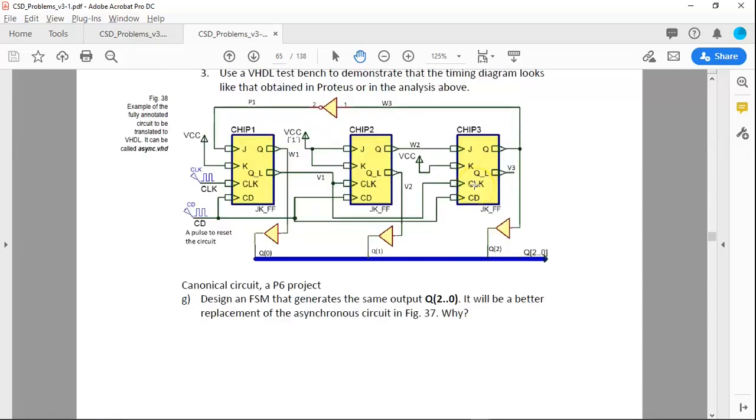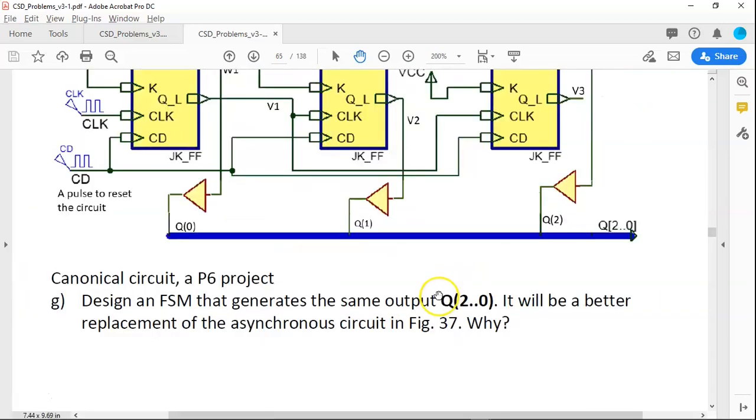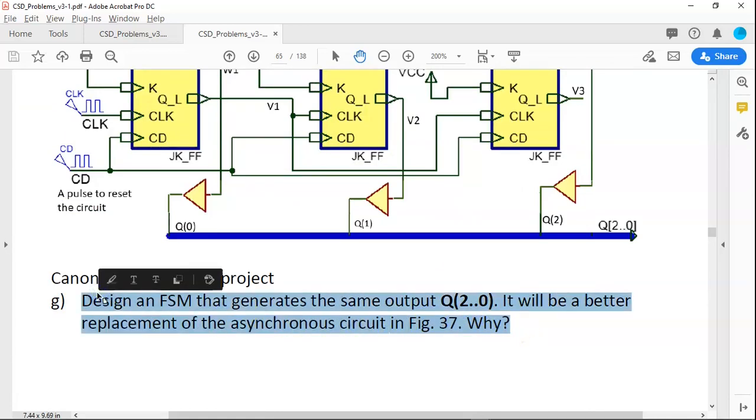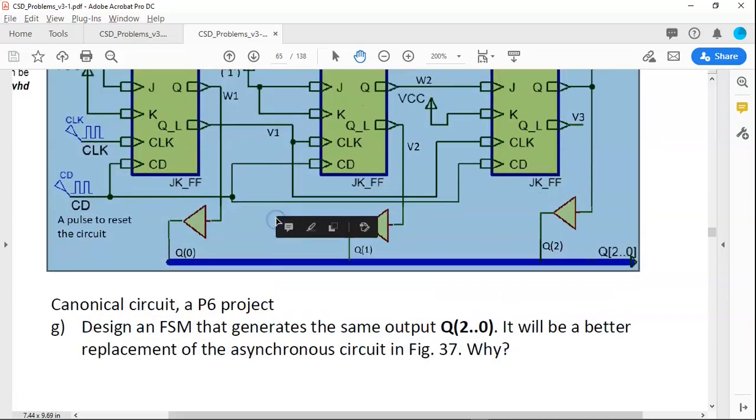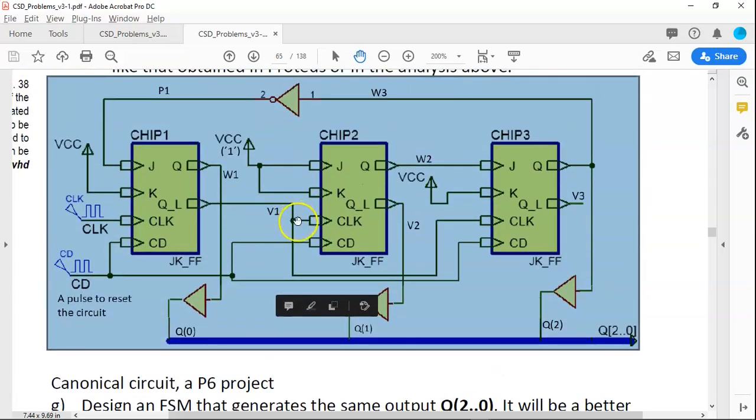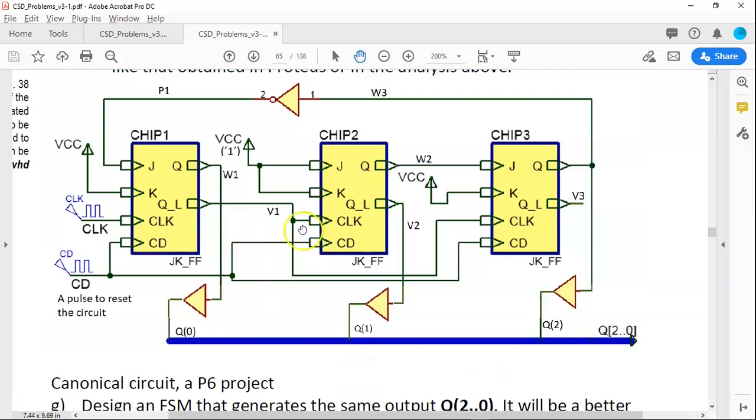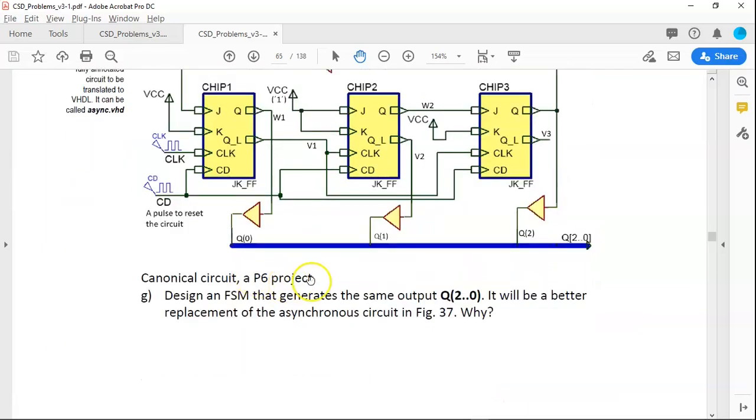So the idea is always the same. You have an invention here. This invention is going to be for something. So is there a way to get the same circuit better and more systematic than this weird way to connect synchronously the flip-flops? So probably yes, but this is going to be left for the next P6, right?